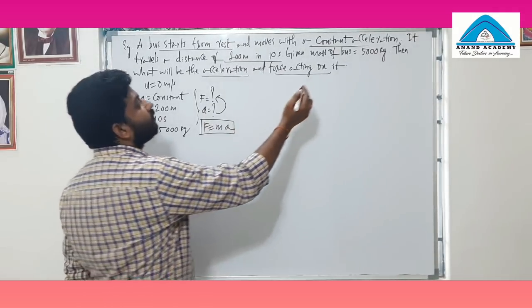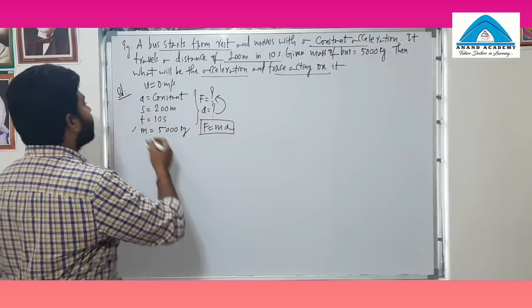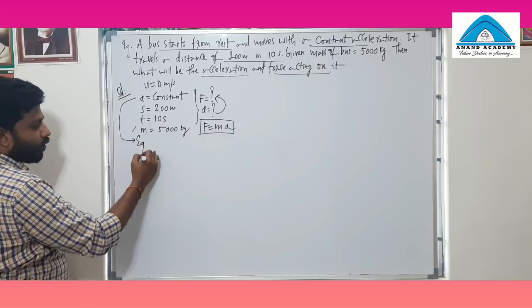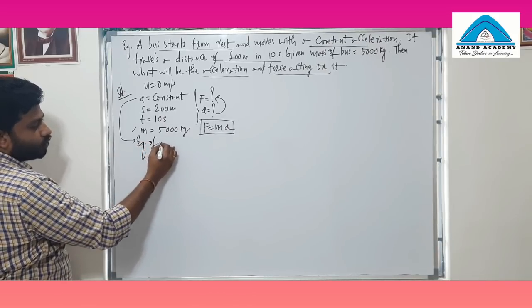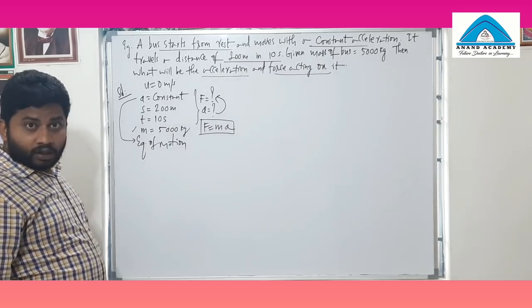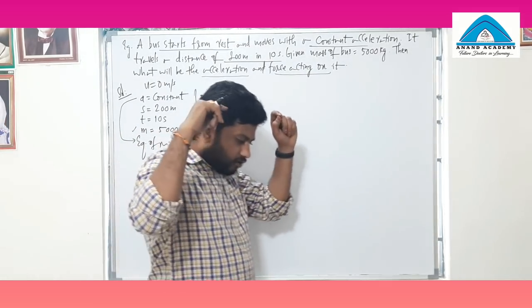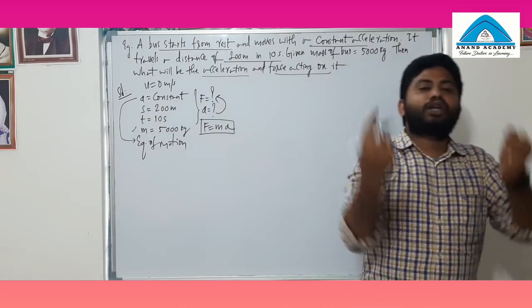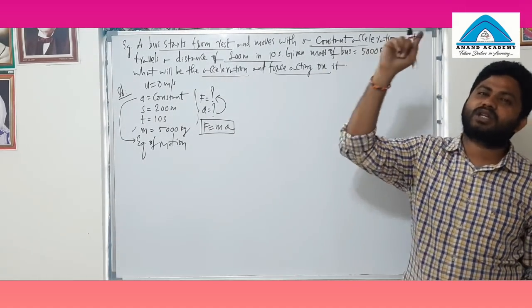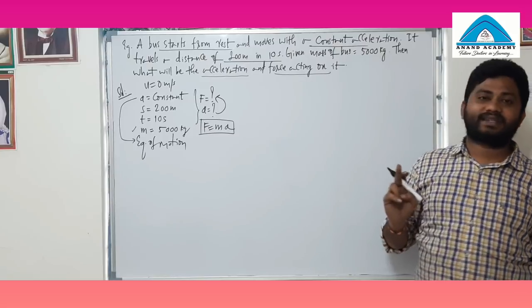A body is moving with constant acceleration. Immediately you can use the equations of motion. I hope you could recollect the topic. Equations of motion are valid and can be used when the body is moving with uniform acceleration, meaning constant acceleration.